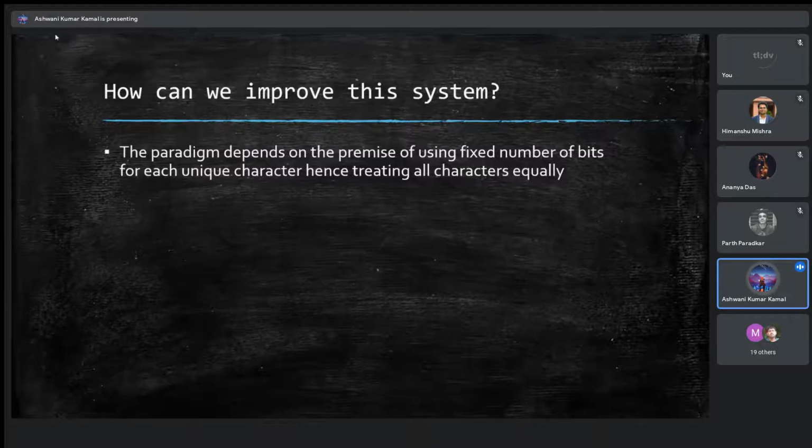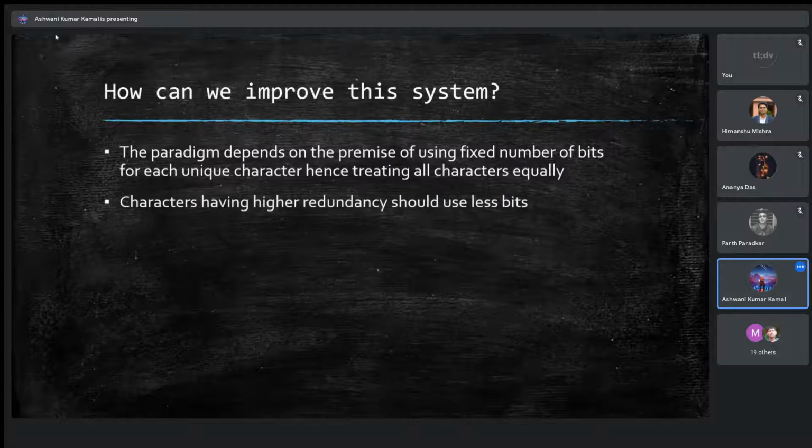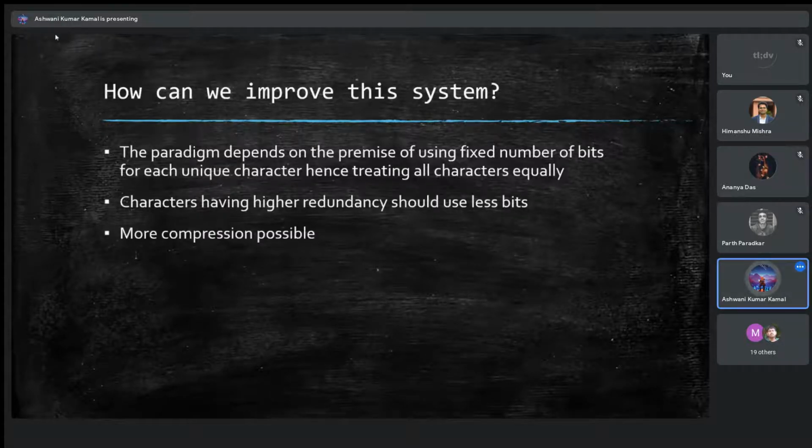So we are assigning 3 bits to each character, A, B, C, D, E. So what if we could come up with a strategy where the letters which appear more number of times, we allocate them fewer bits, and the ones which appear fewer times, we allocate them the maximum amount of bits that we have at our disposal. So the characters which have high redundancy should use fewer bits, and therefore more compression is possible.